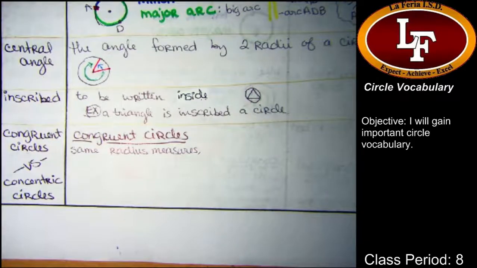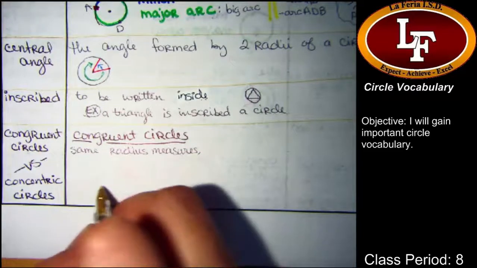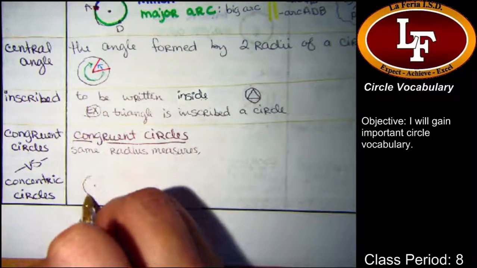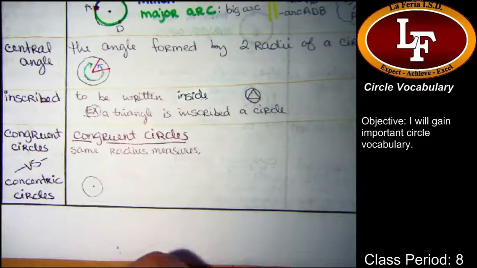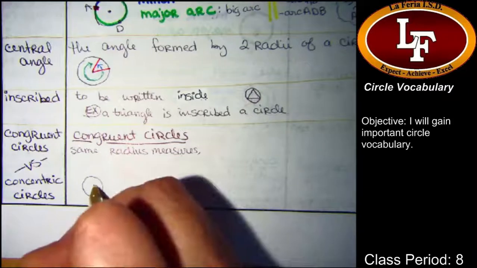The next question I have for you is if I want these circles to be distinct, completely different circles, not the same circle over and over and over again, but different circles, can they have the same center point? All right, so I'm going to draw a circle, and I'm going to draw a congruent circle with the same center point.